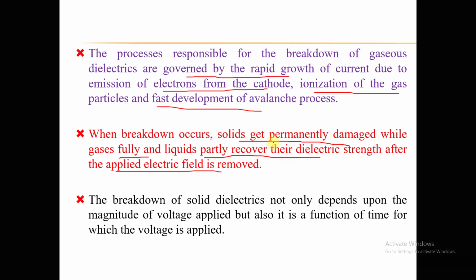So breakdown of solid dielectrics not only depends upon the magnitude of the applied voltage, but it also depends upon the time of application of voltage. Depending upon this time, there are many mechanisms usually seen with solid dielectrics.